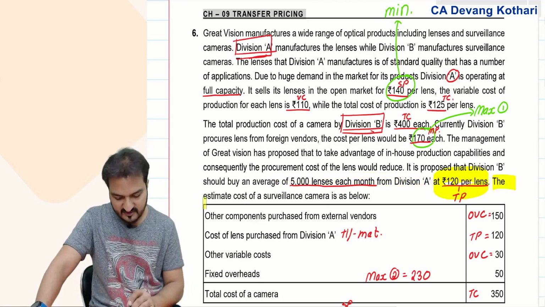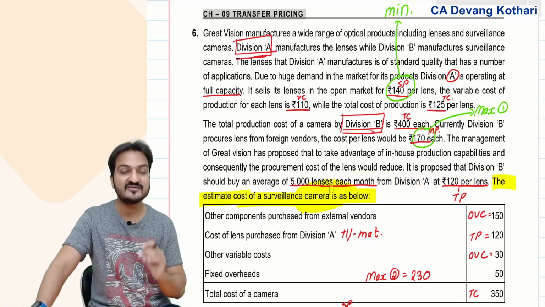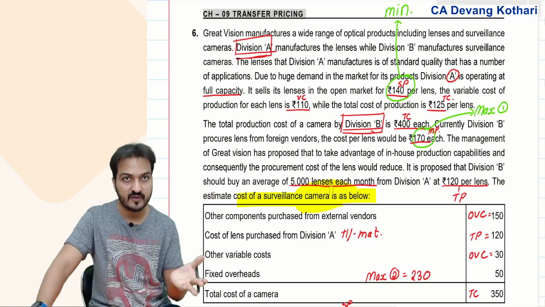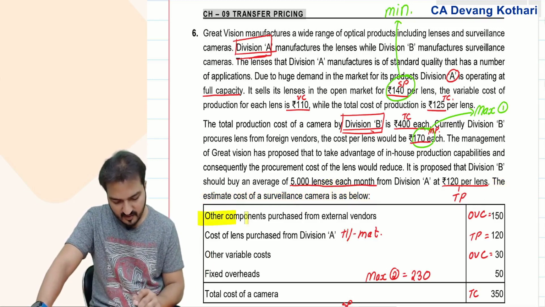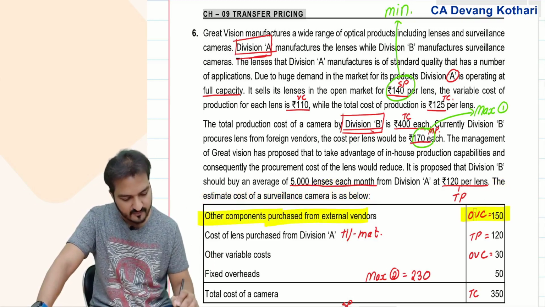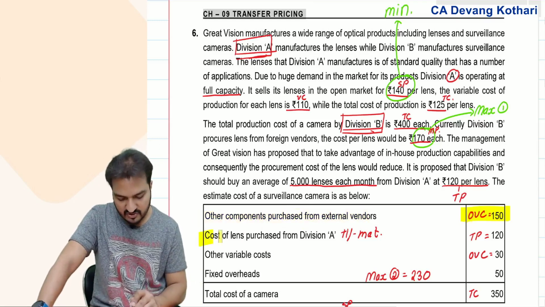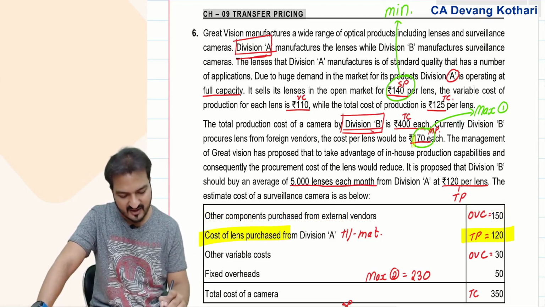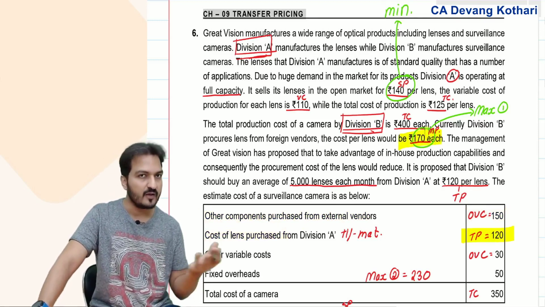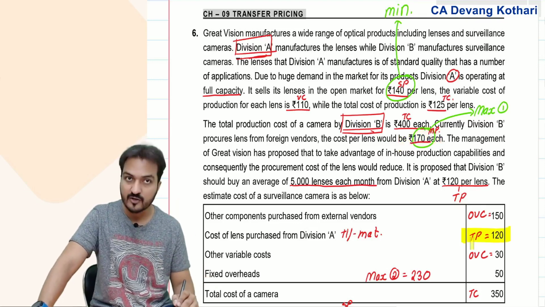The estimated cost of surveillance camera is as below. Surveillance camera is the product of Division B. Its cost you are given here. The other components purchased from external vendor is 150. Consider this 150 as other variable cost. Then cost of lens purchased is 120. Instead of purchasing at 170 from outside, now they decide to purchase from Division A at transfer price of 120.